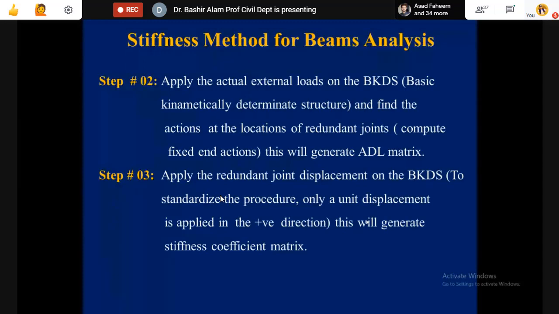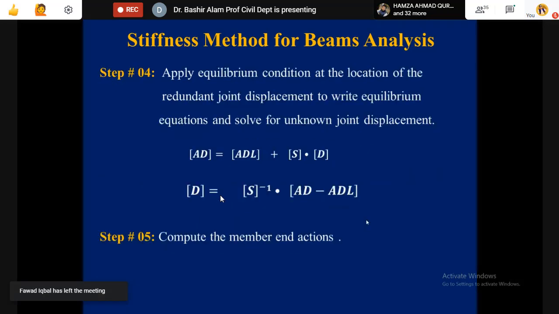And to standardize the procedure, we apply a unit displacement and generate the stiffness coefficient matrix. We calculate the member end actions corresponding to the displaceable joints, and the actions produced by the unit displacement are the actions required to produce a unit displacement, that is the stiffness coefficient. Then we apply the equilibrium condition at the location of the redundant joint displacements, write the equilibrium equation, and solve for the unknown joint displacements.